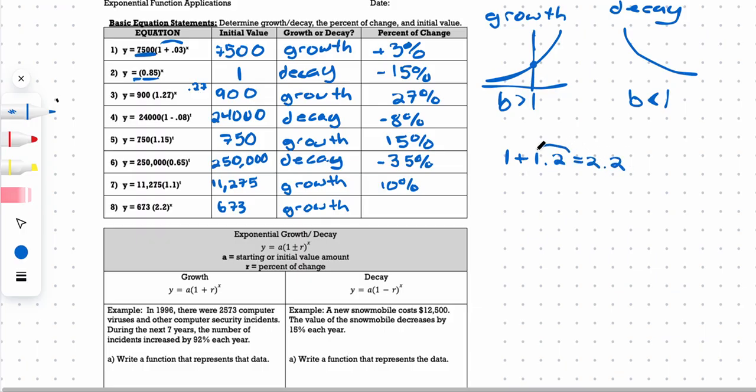So we're looking at this 1.2, right? And 1.2 as a percent, it's going to be 120%. So this is going to be 120%, right? It's just like all this. Now it's just a big jump. It's a large percent change.